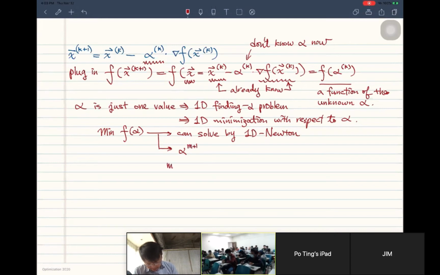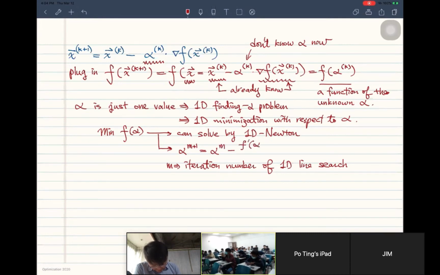So m is the iteration number of the 1D line search. And our variable is alpha, right? Our new variable alpha m plus 1 equals alpha m minus f prime of alpha m over f double prime of alpha m. This is the 1D Newton, right? But the variable now is alpha and our iteration number is m.